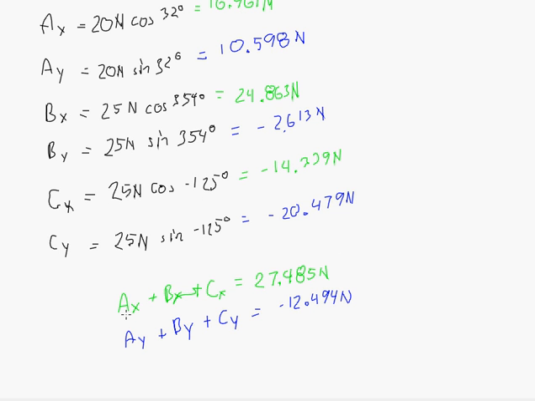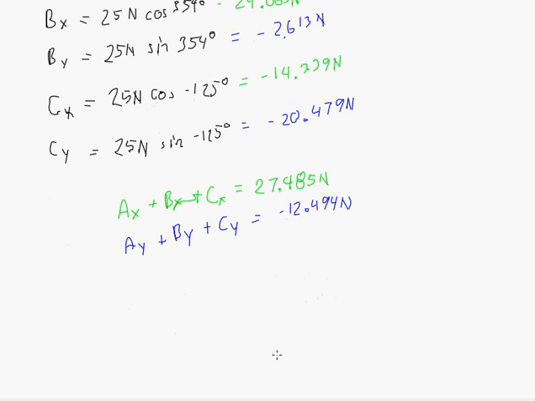Okay, now this is my x coordinate, this is my y coordinate. If I really wanted to write this, I could say my resultant or my F net, because remember guys, the sum of two or more forces is your F net, equals parenthesis 27.485 newtons, comma, negative 12.494 newtons. Alright, excellent. Are we done?